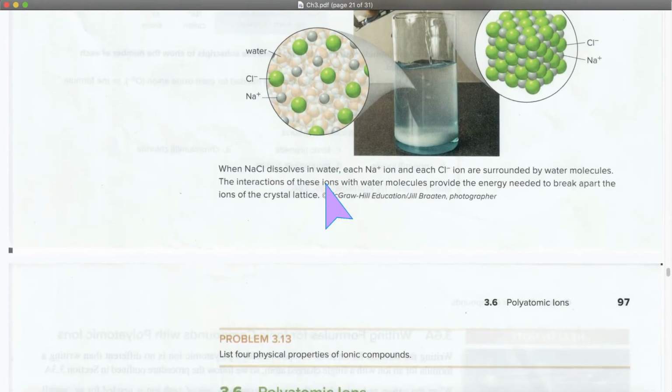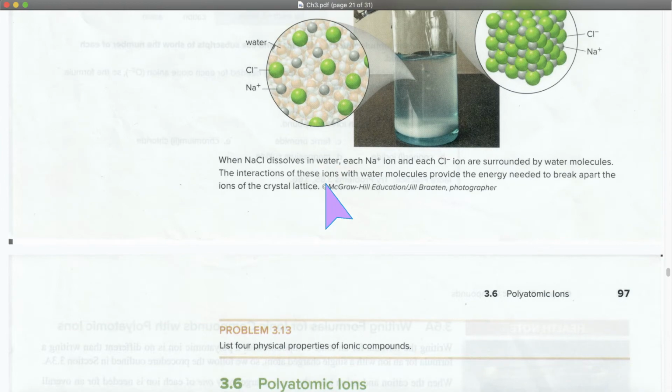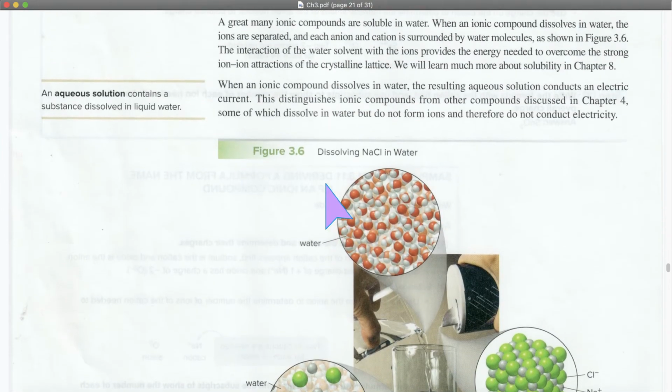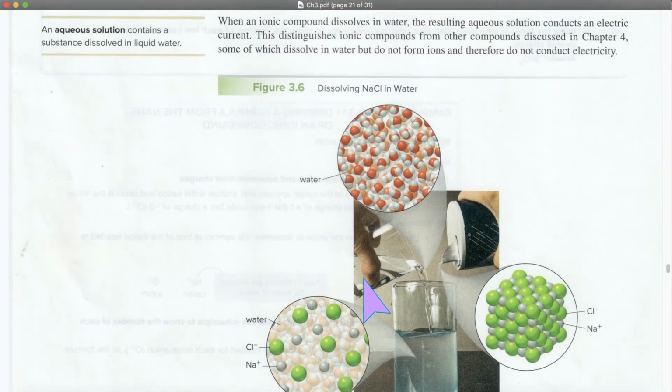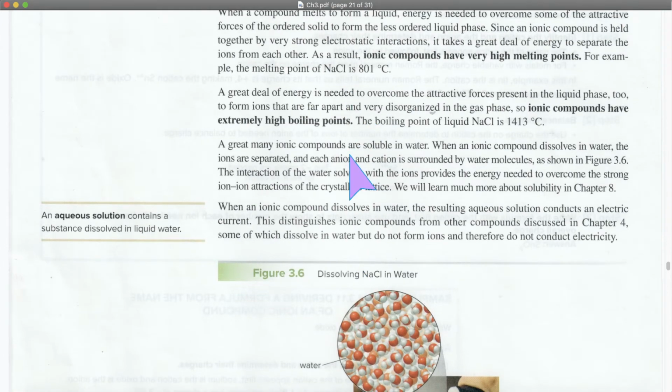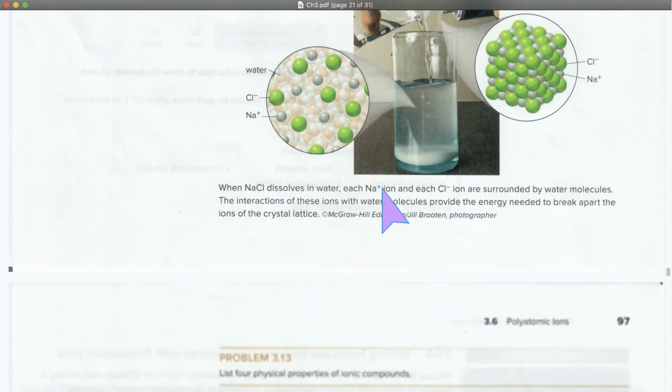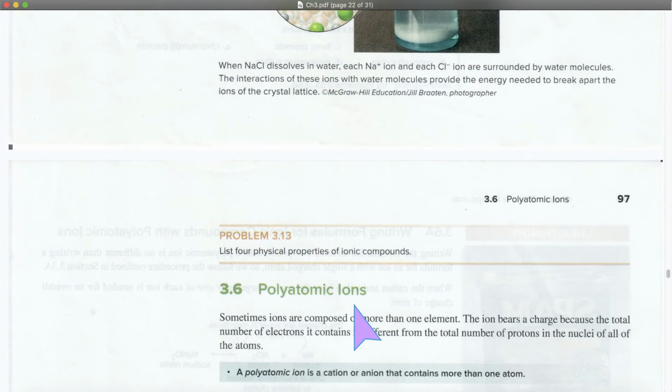Now, it doesn't really say much else about that. It says something about sometimes, if an ionic compound does dissolve in water, like sodium chloride, it conducts electricity, but it doesn't tell us anything. Then the next section starts.